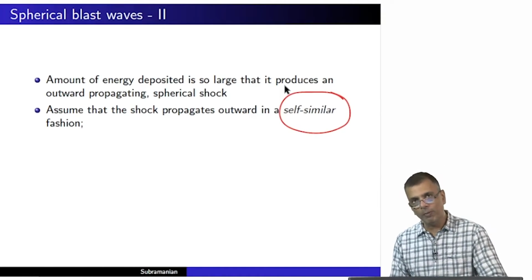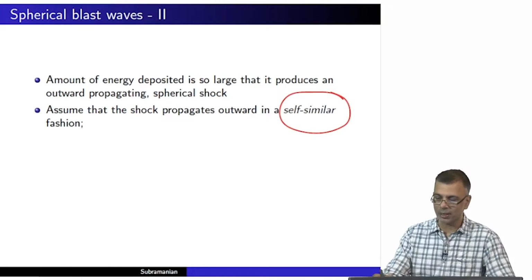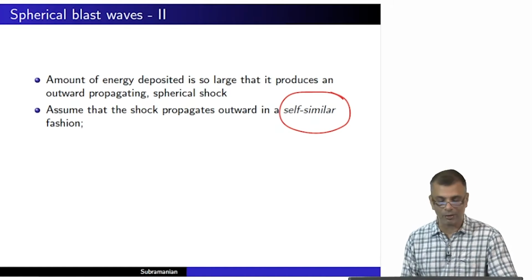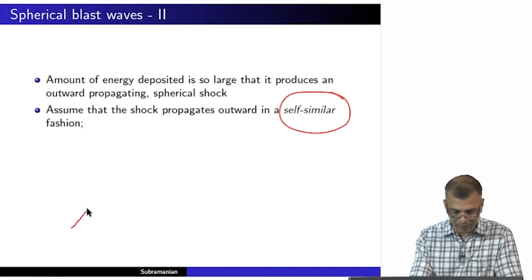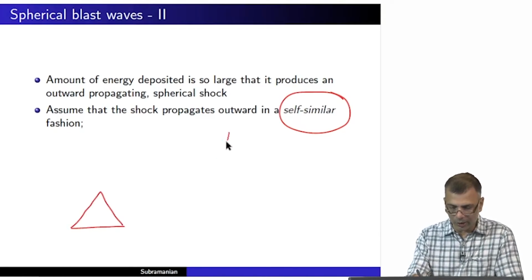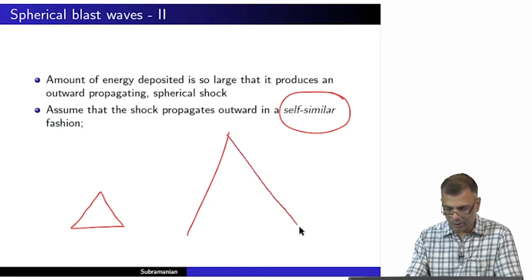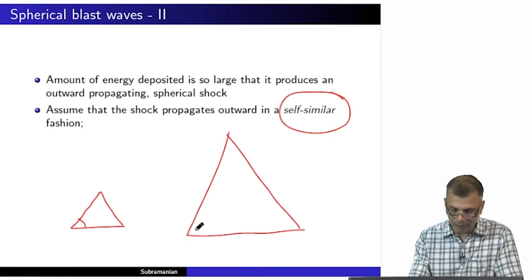You're already familiar with the concept of self-similarity. In fact, consider two similar triangles, say two equilateral triangles. One equilateral triangle is small and the other equilateral triangle is large. But they're similar in that the angles are the same.